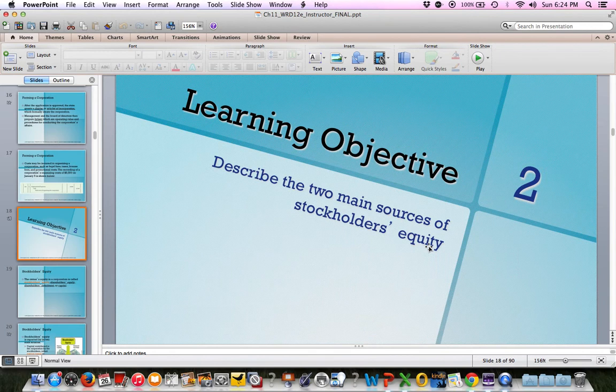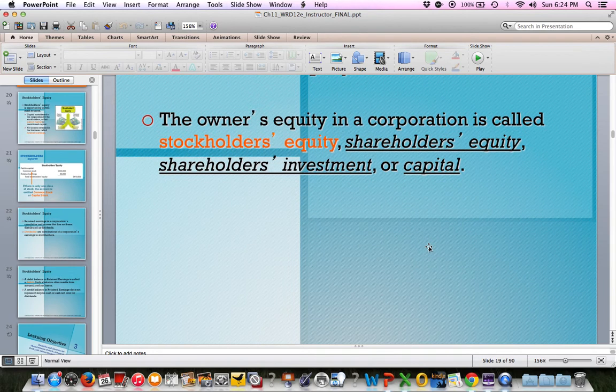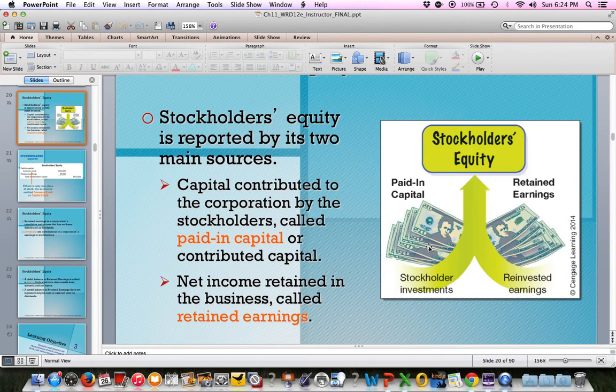The next topic is the sources of equity. Equity is called stockholders' equity, shareholder investment, or capital. Typically we say stockholders' equity. It's made up of two sources: paid-in capital and retained earnings.